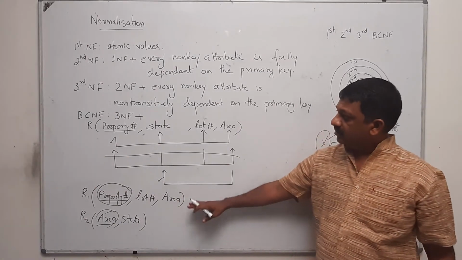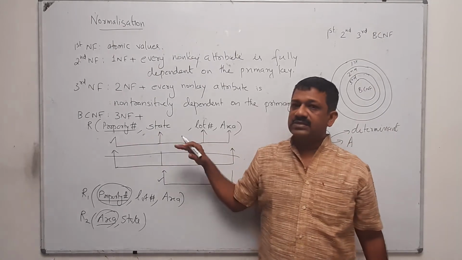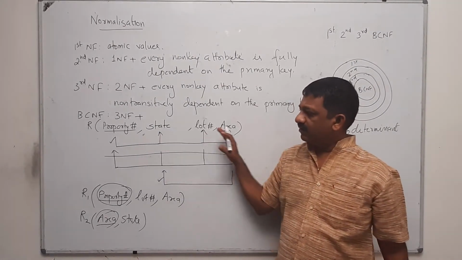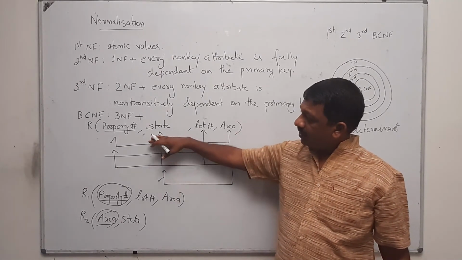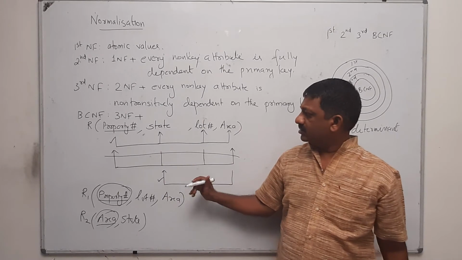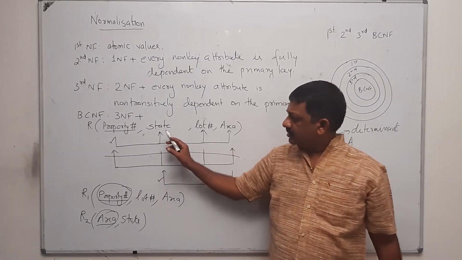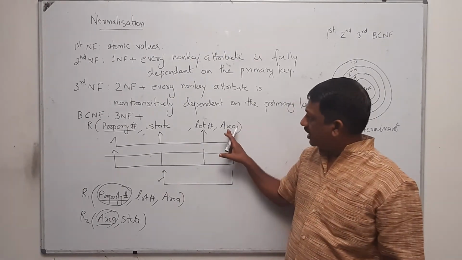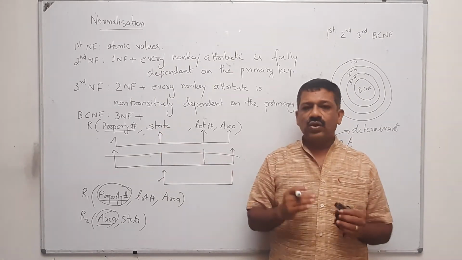This table is in third normal form. Third normal form condition is there should not be any transitive dependency. Here we don't have any transitive dependencies, but in the original table every determinant is not a candidate key, because property number is a candidate key, state and load number together act as a candidate key, but area is a determinant. Area determines state, and area is not a candidate key.